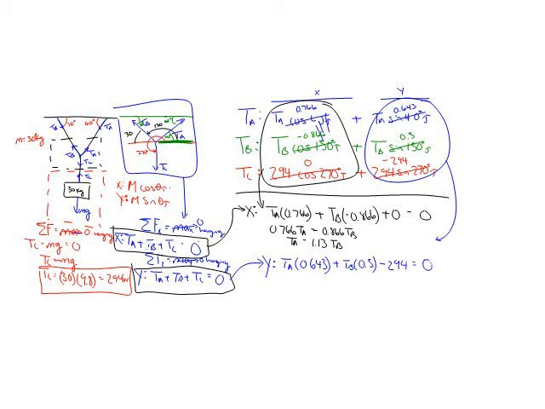So now we have two equations, the x stuff and the y stuff, two unknowns, TA and TB, and we can plug it in and solve. So now we're going to solve for B. I'm going to plug in this guy right here. I won't say everything that I'm doing.